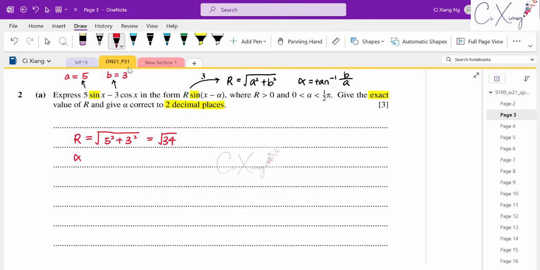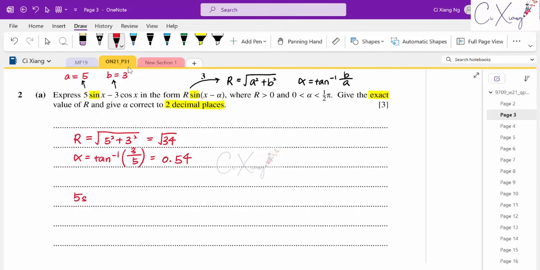And then how about alpha? Alpha will be tangent inverse b over a. So b is 3, a will be 5. So b over a, and you get 0.54. Okay, we already have the value for R and also alpha.